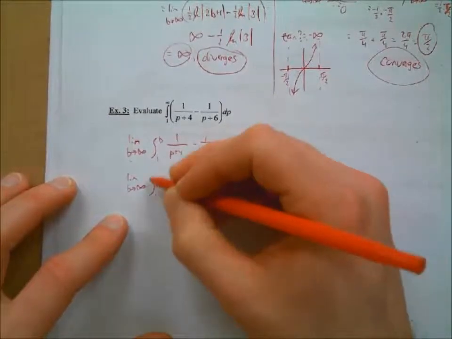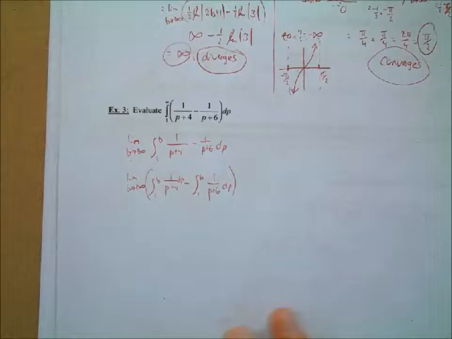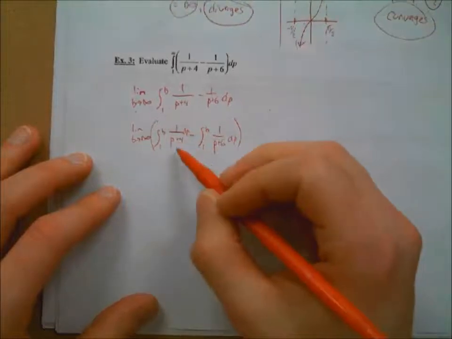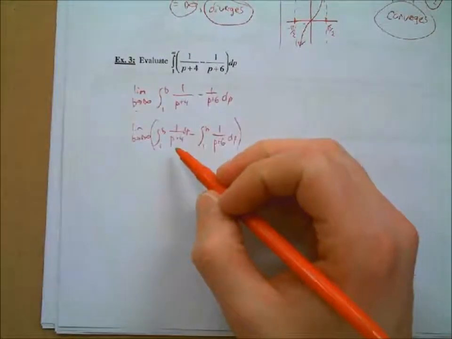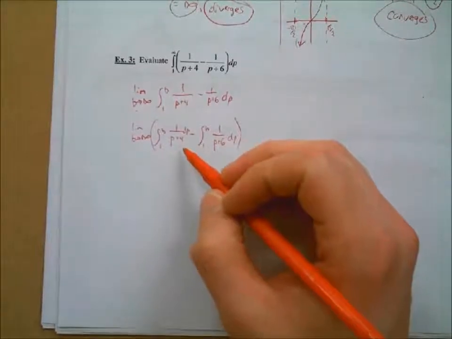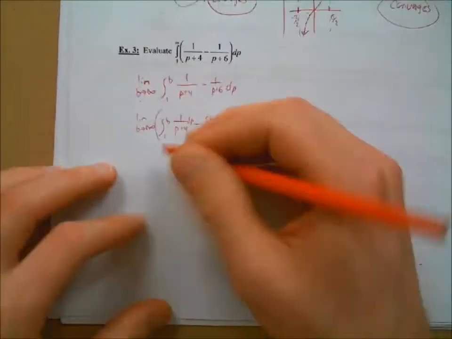Okay. Do we need to do anything special here to integrate this stuff? The answer is no. We don't need to worry about that, because we can just take the natural log. If we wanted to, we could use a u substitution. We'd say let u be p plus 4, but then du would just be dp, so there's no need to do any sort of corrections here. We can just go ahead and evaluate this.